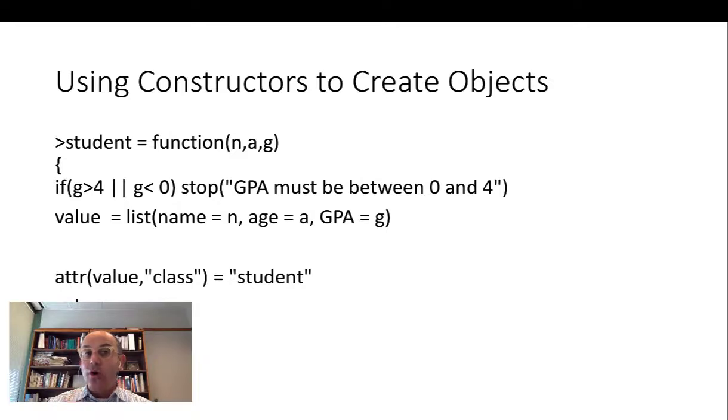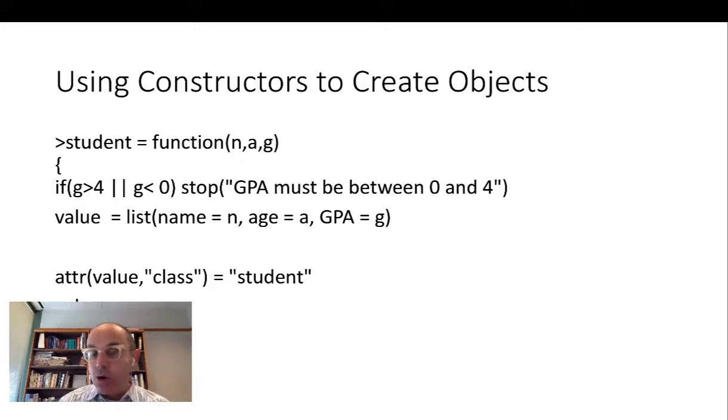Using a constructor to create an object, student, I will say function with n, a, and g. I will give it a condition that if it applies, I will say stop, GPA must be between 0 and 4, and the value, and I will say attributes class, and in this case it will be the student's value.